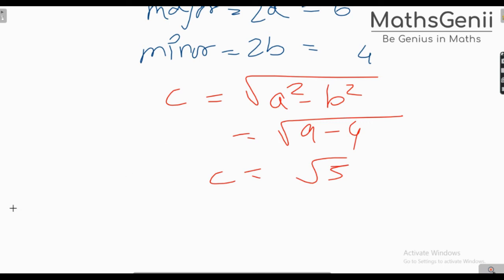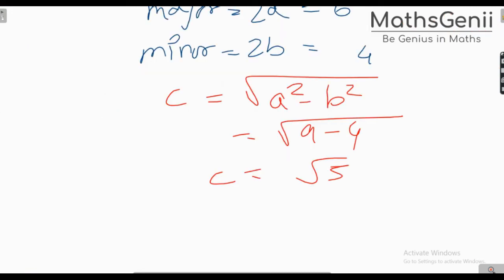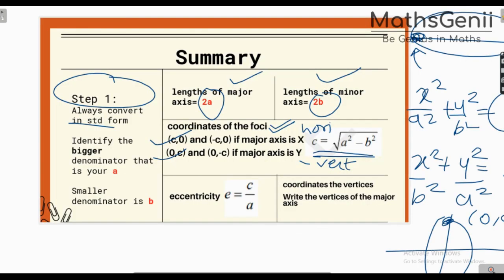But compared to the previous question, it is very important to see this. Do not skip this step. Listen to me very carefully. In the previous question, the coordinates of foci were on the x-axis. Here, because this is a vertical ellipse, the major axis in our current question is y. So the coordinates of foci are (0, c) and (0, -c).